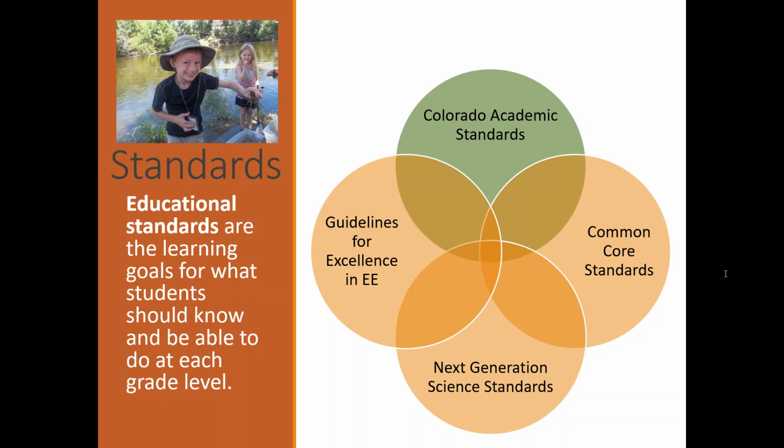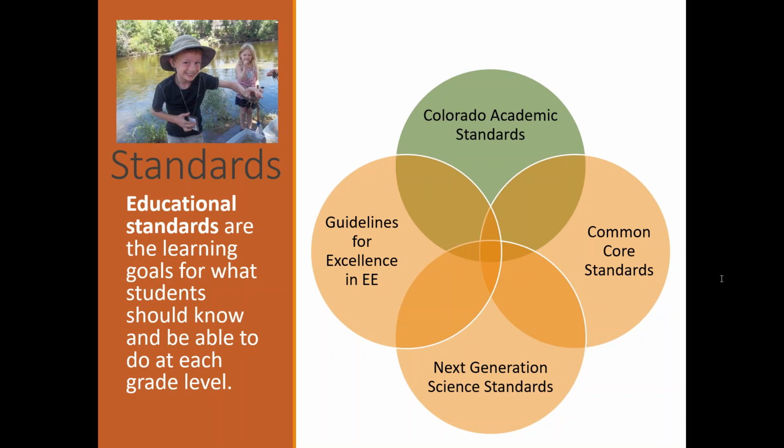The Common Core standards, which we hear a lot about politically, are national standards in English language arts and math. So that's a national set of standards. The Next Generation Science standards are also national standards that many states have adopted, and those are in the content area of science.